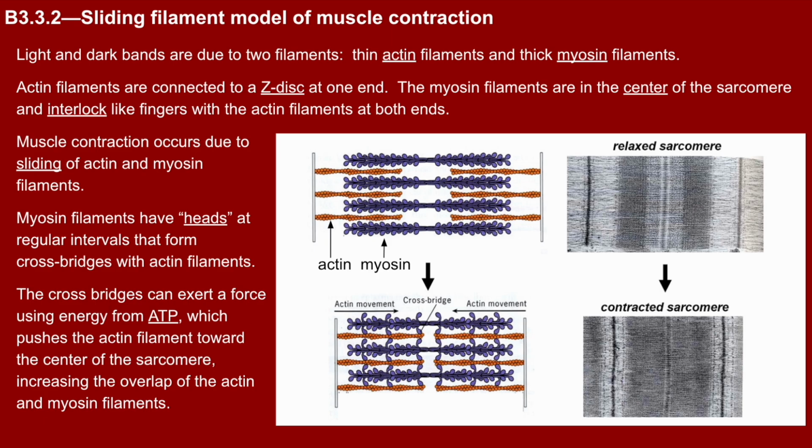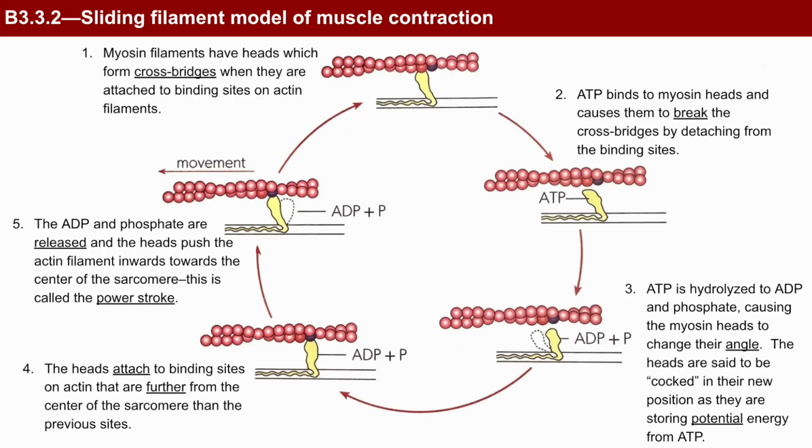Let's look at the actual mechanism for how that sliding, that walking, occurs. It's often compared to a bunch of rowers rowing their boat and pulling, in this case, the water in towards the center of the sarcomere. All right, so let's look at the actual mechanism by which those actin filaments slide along those thick myosin filaments.